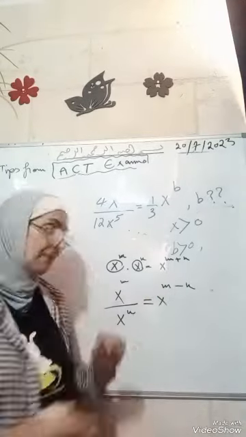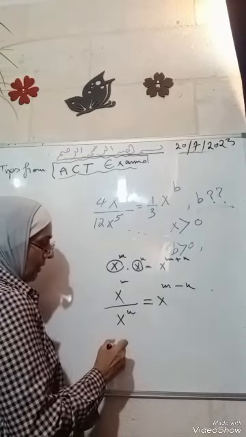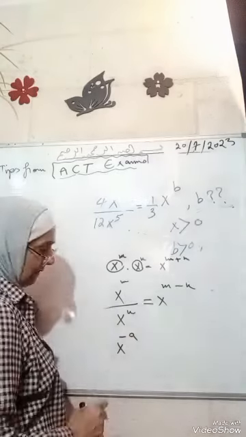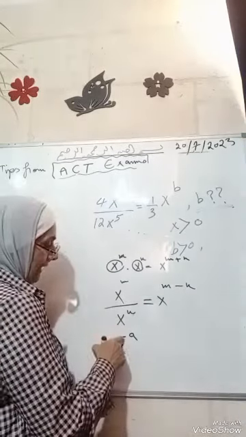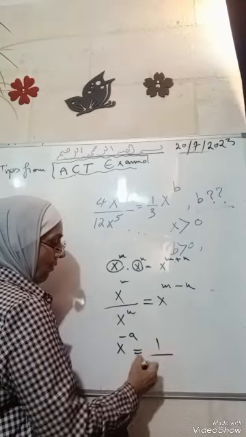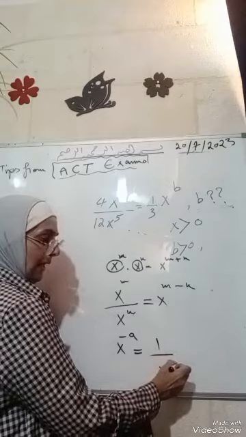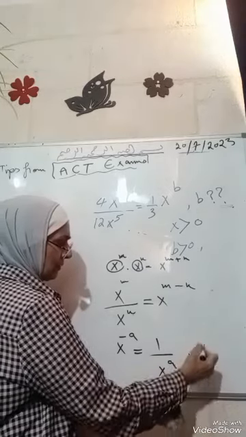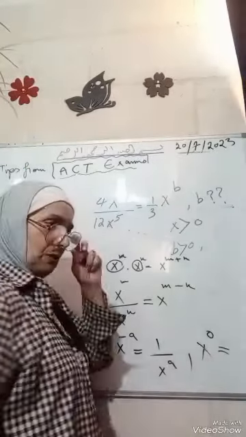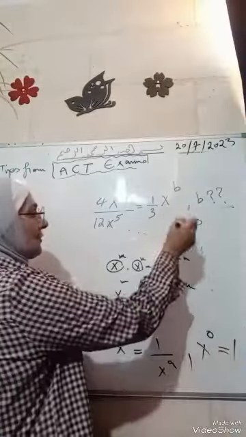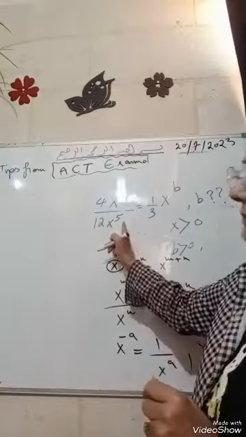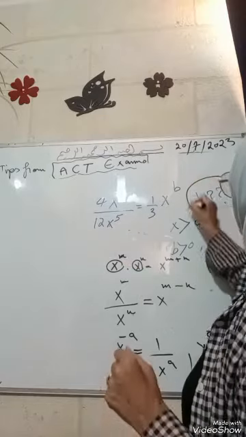And we have another law: if I have x to the power minus a, the negative has to be changed. It would be 1 over x to the power a. The last rule I might use is x to the power 0: any number raised to 0 equals 1. So those are the rules I might use to solve this problem. He needs the value of b.